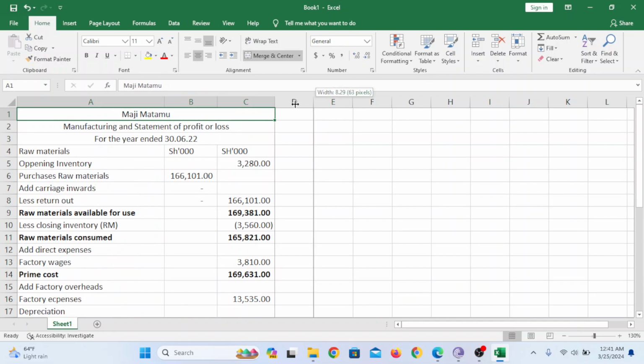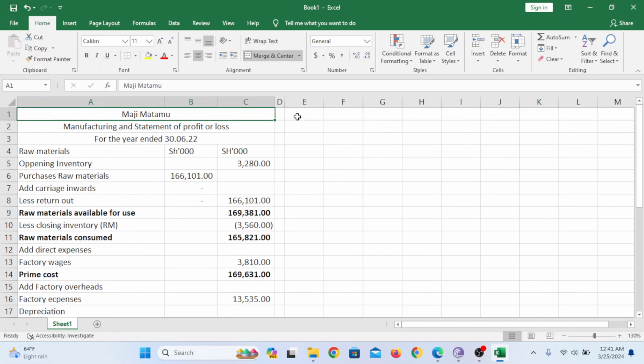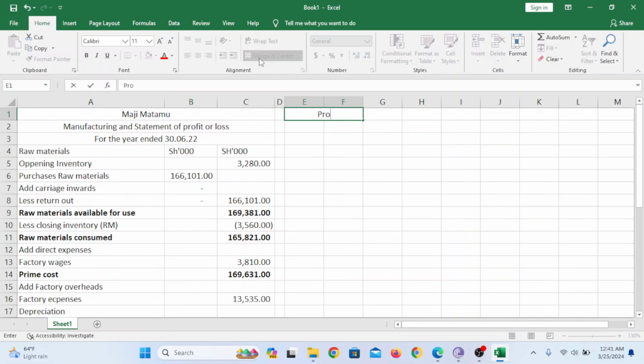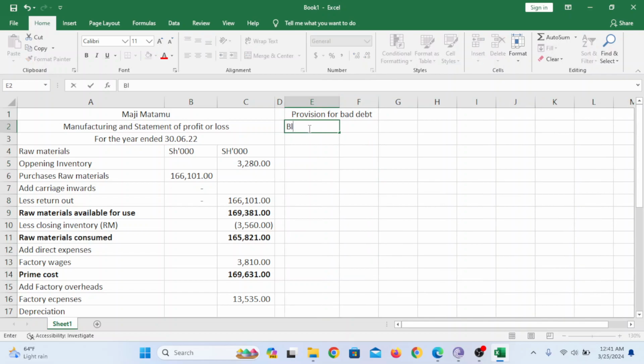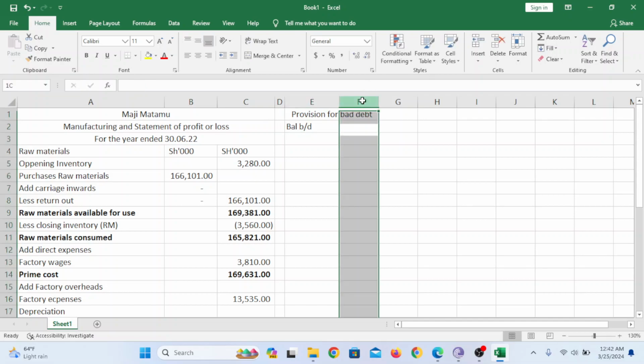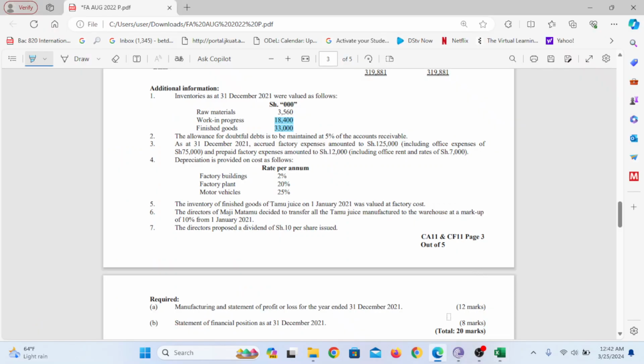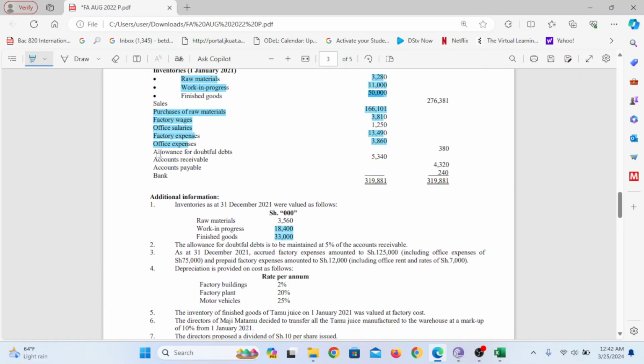So here we have provision for bad debt. So we have the balance brought down, that is what is in the trial balance directly. So balance brought down from the trial balance, allowance for doubtful debt here, that is 380.